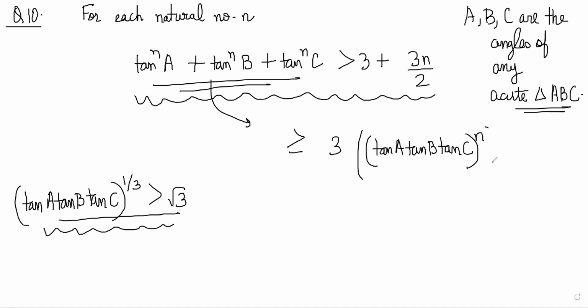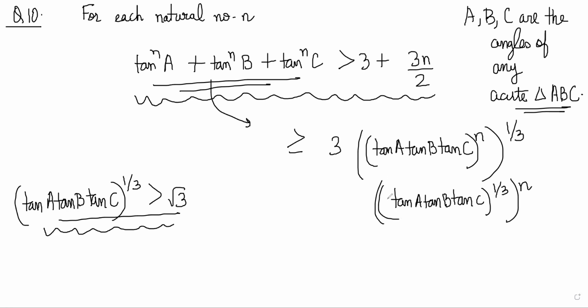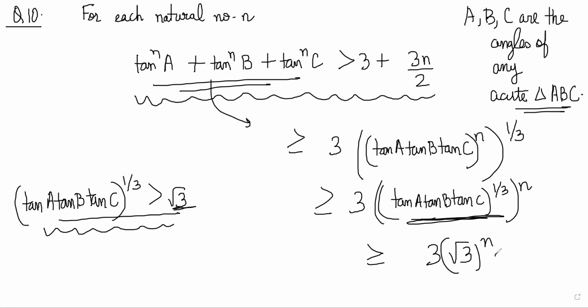This is power n, and outside is 1 by 3, right? So basically, this is tan A tan B tan C power 1 by 3, and outside you can keep the n power, right? It's the same n by 3 power. And now we already know that this is greater than or equal to root 3. So this is greater than or equal to 3 root 3 power n, right?